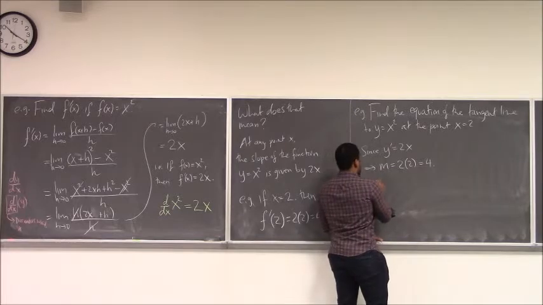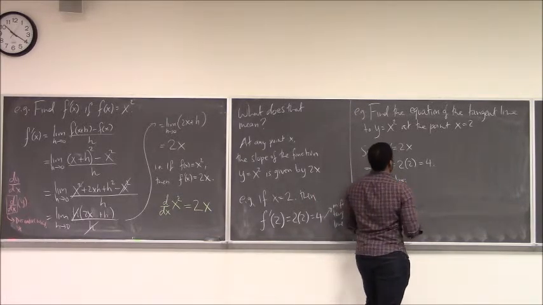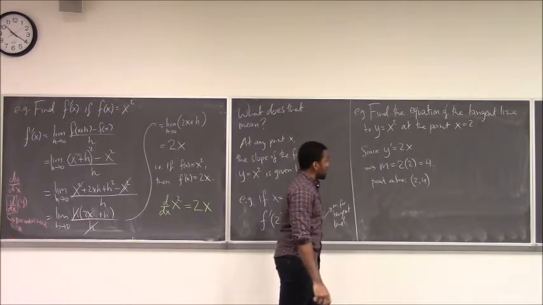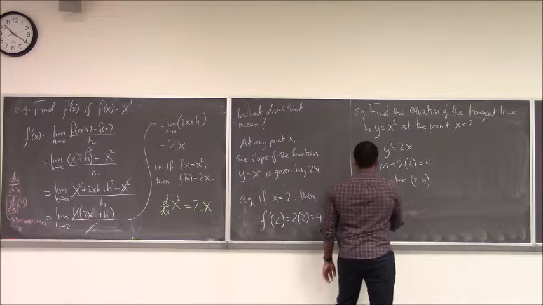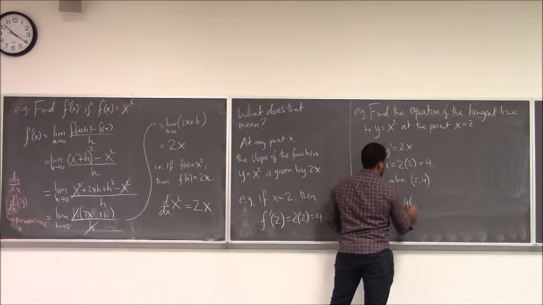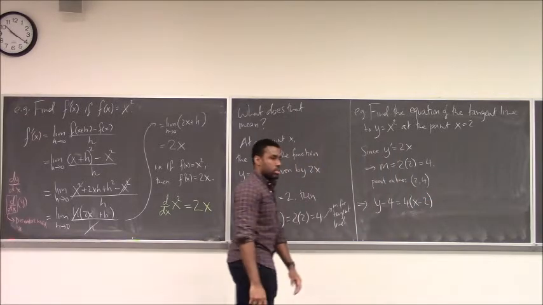We can now know a point on the line is going to be 2 comma 4, because it's y equals x squared. This means y minus y1 equals m times x minus x1 is going to be the equation of the tangent line.